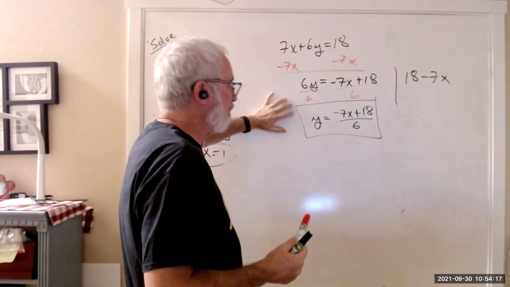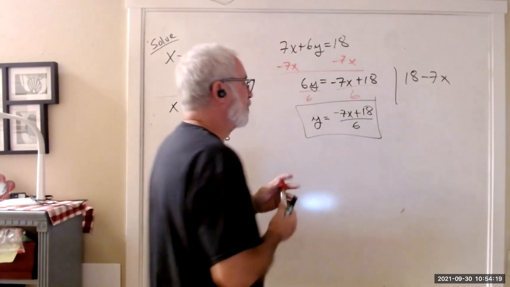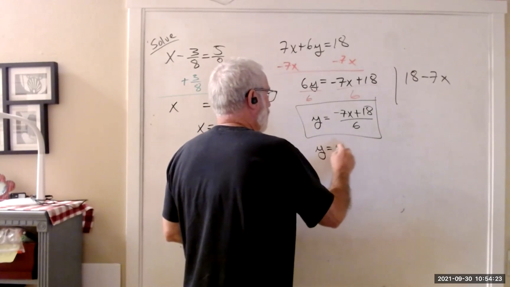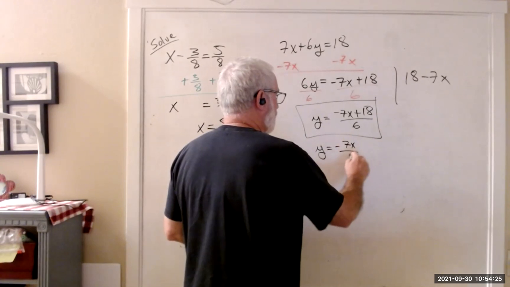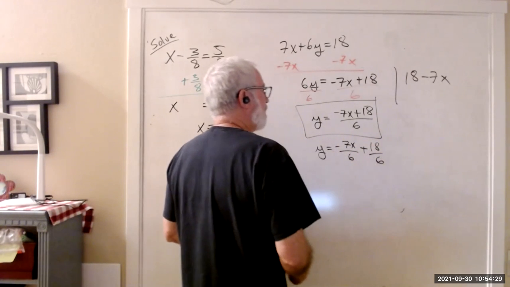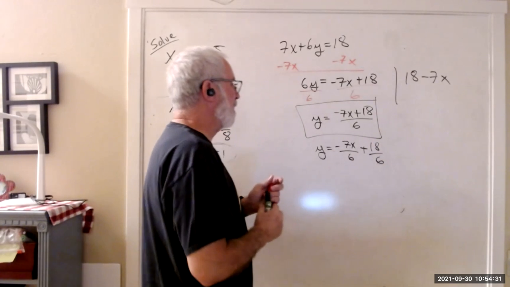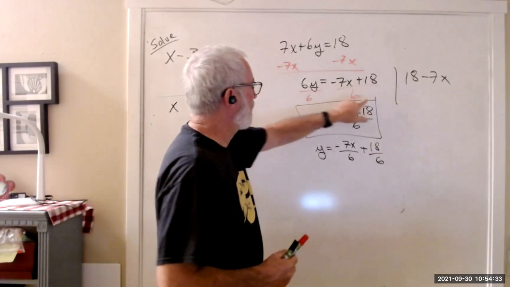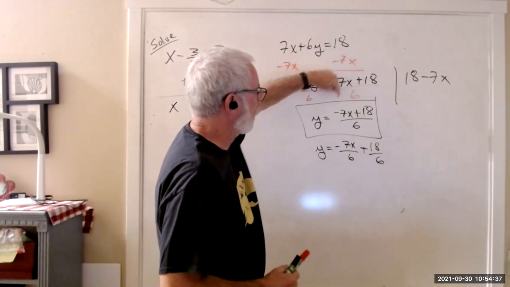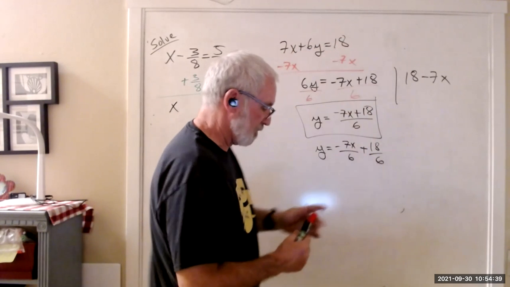But sometimes the instructions would be different, and they would ask you to separate this out. Because you're dividing everybody up here, you divided everybody by 6. 6y divided by 6, 7x divided by 6, 18 divided by 6.